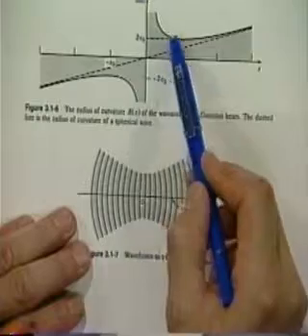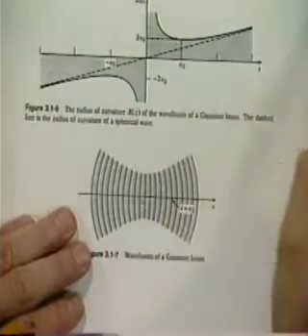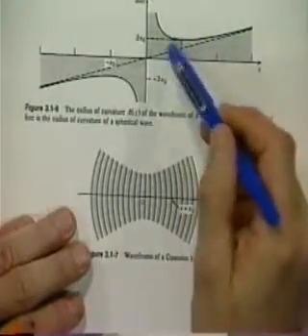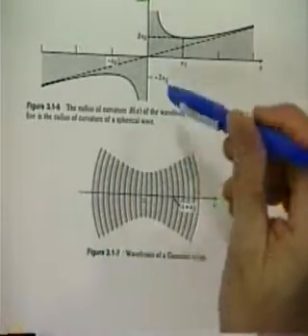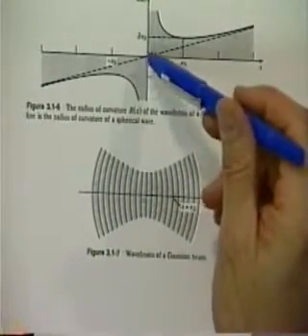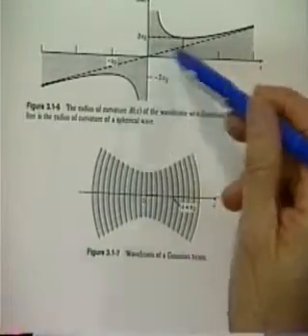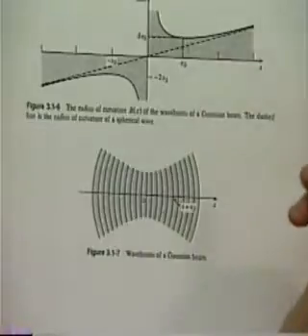It only goes as z when you get far away. Up close, it's kind of strange. Up close, as the beam propagates along, the center of curvature actually moves. It shifts as you move along, unlike a normal beam where the center of curvature would be fixed.